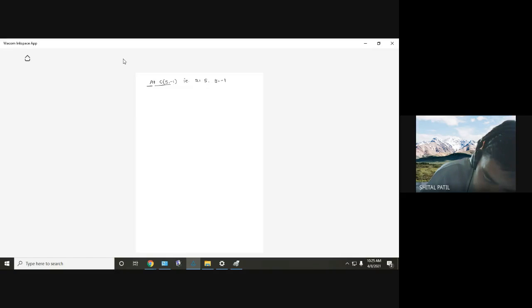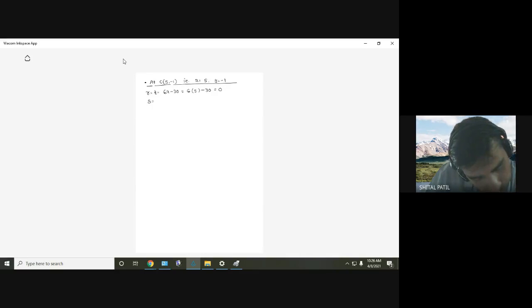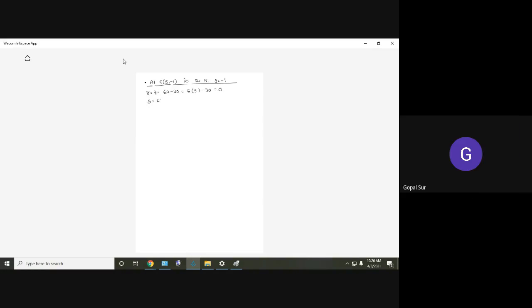I think these two are saddle points. One base is 6y.